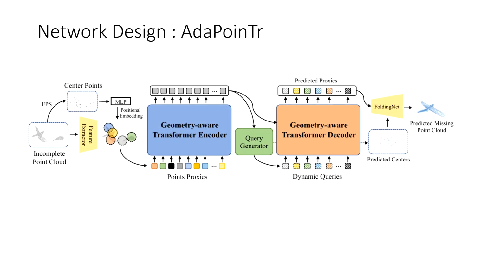The input point cloud is first downsampled, and the local features are extracted and combined with positional embeddings, which are then passed through a transformer encoder. The resulting encoded features are then passed through the transformer decoder, which predicts a coarse point cloud and point proxies, which are further refined and upsampled to a complete point cloud by using a folding decoder.